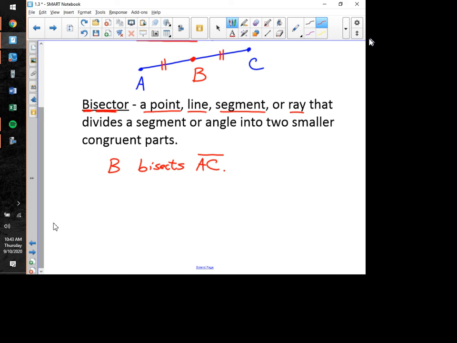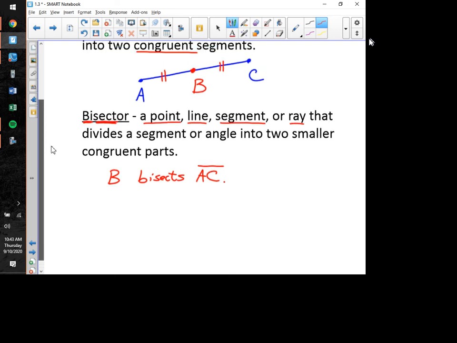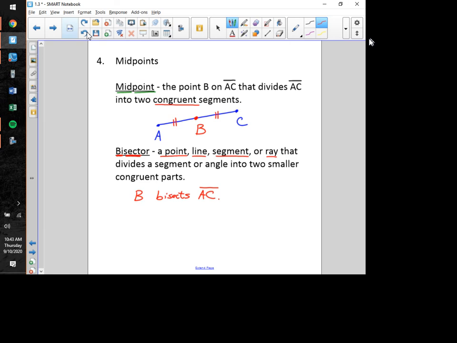That's a simple, true statement right there, guys. B is a point on AC that cut it into two smaller congruent parts. So there's really two ways of saying this. B is the midpoint of line segment AC using this definition, but you could also say that B is a bisector of line segment AC. Both of those things are true.